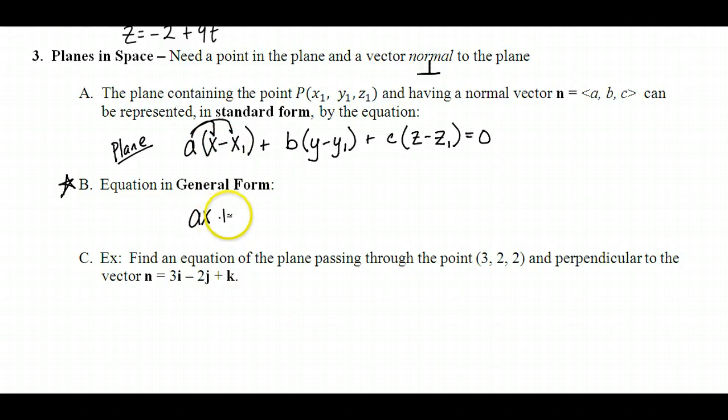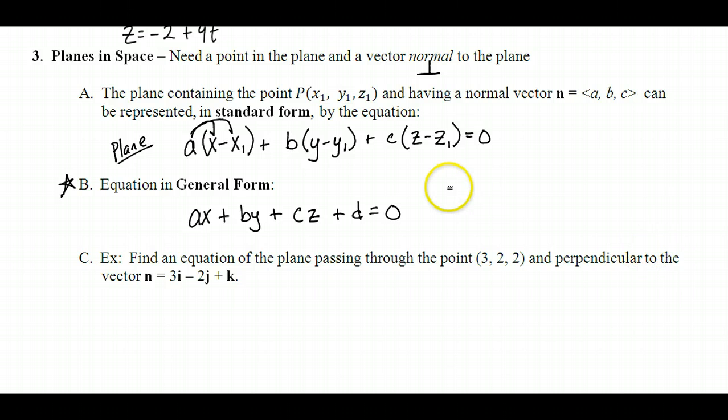So it's ax plus by, again b times y sub 1 is another constant, plus cz, and c times negative z sub 1 is another constant. So then we're just going to say it's plus d. And d takes the place of the three constants added together, and then this will equal 0. So when you write the equation, you do want it set equal to 0. And remember that this d is the sum of your constants.